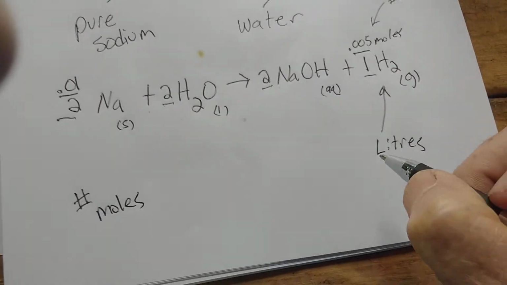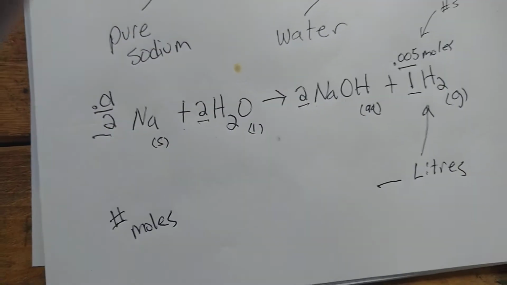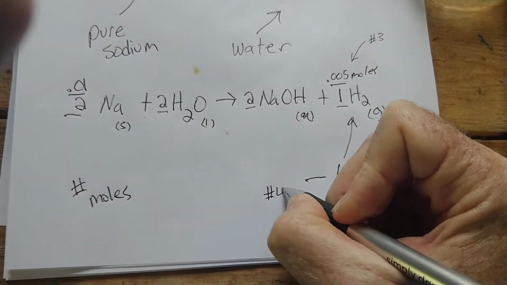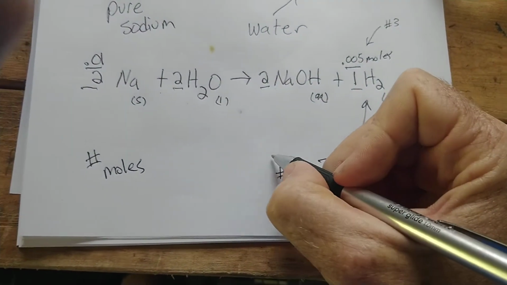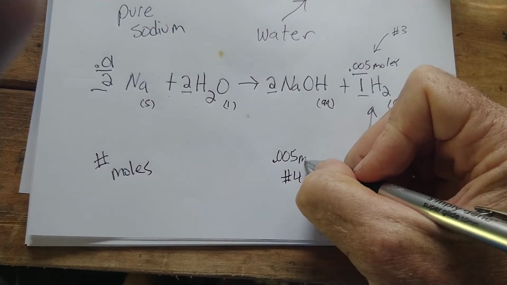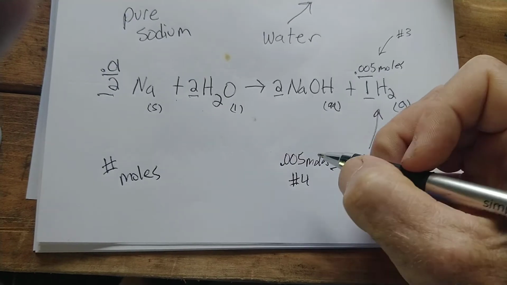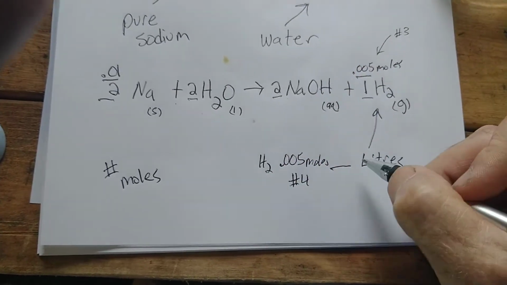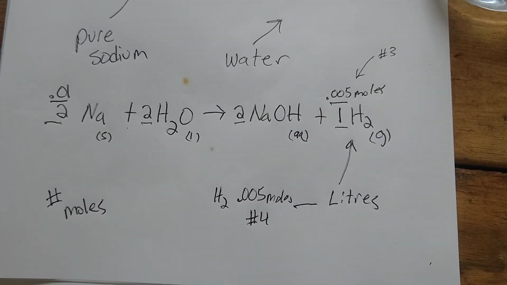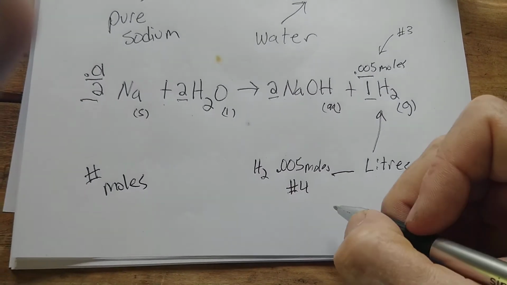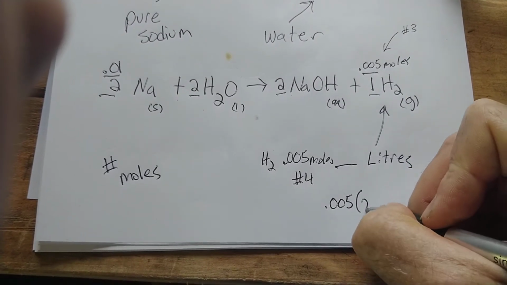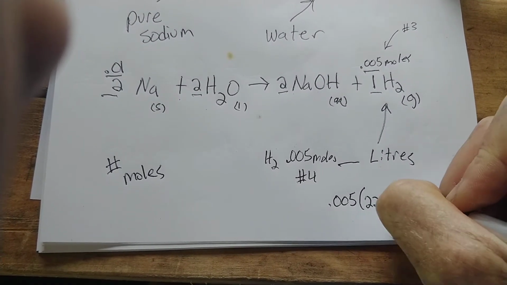Now here's the question. How many liters is that? So number 4, I'm going to ask you right now, 0.005 moles of hydrogen gas is how many liters of hydrogen gas? Okay, I hope you answered that one correctly. We would say 0.005 times 22.4 liters.